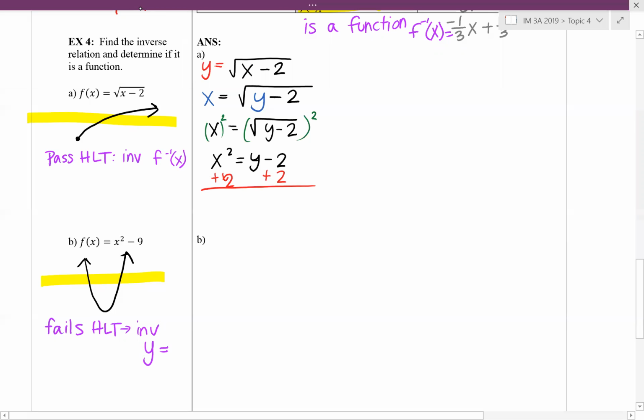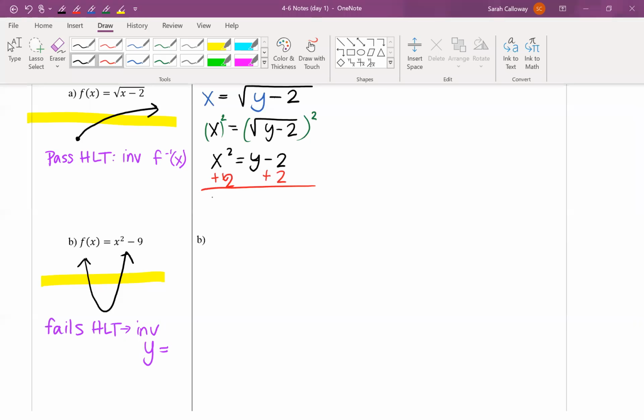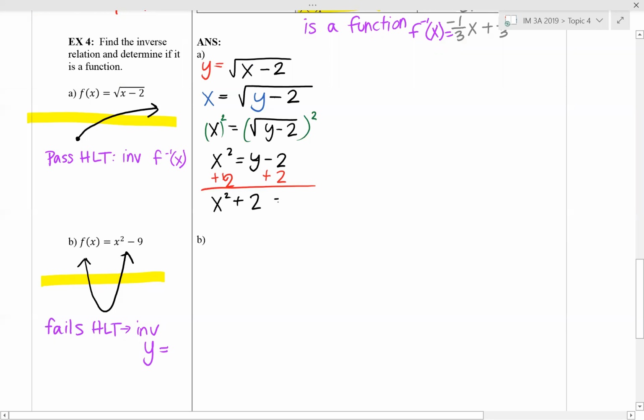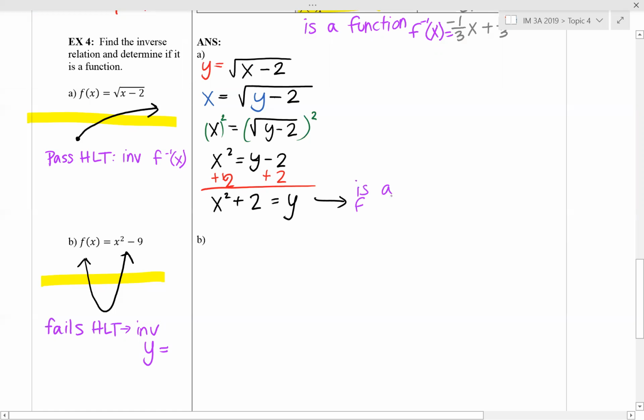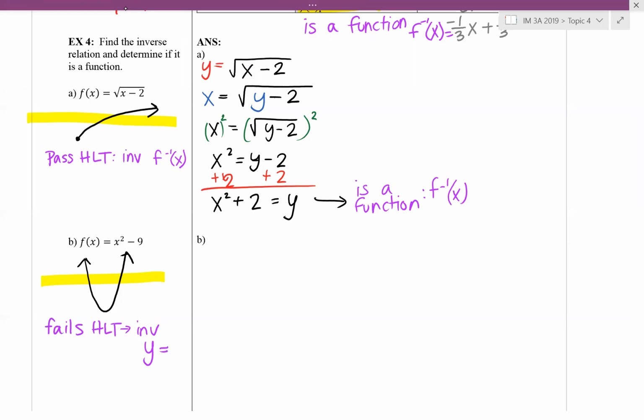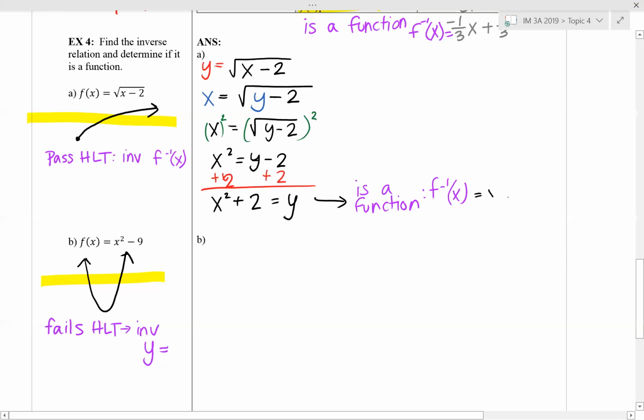So x squared plus 2 is equal to y. And we already talked about, because this is a function, we're going to write it as f inverse of x is equal to x squared plus 2. So both of those things are the answer, because it's asking us to find the inverse and determine if it is a function.